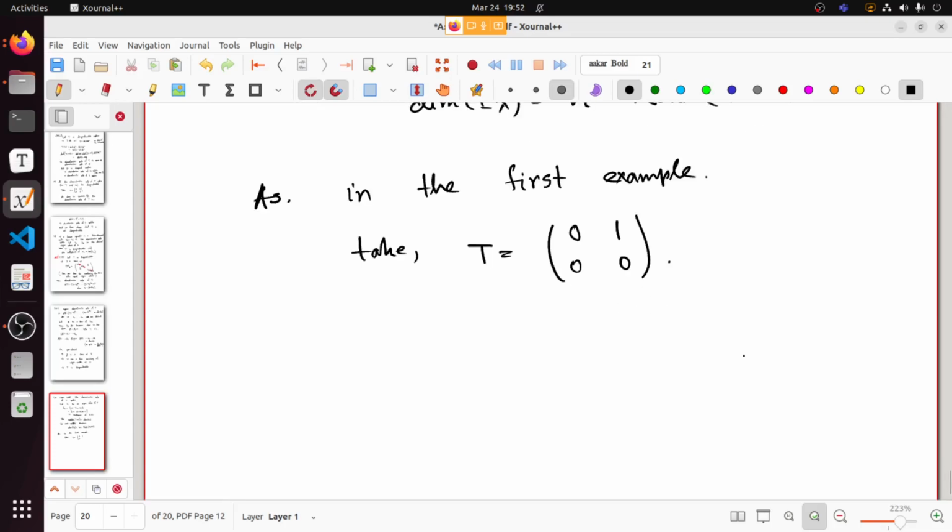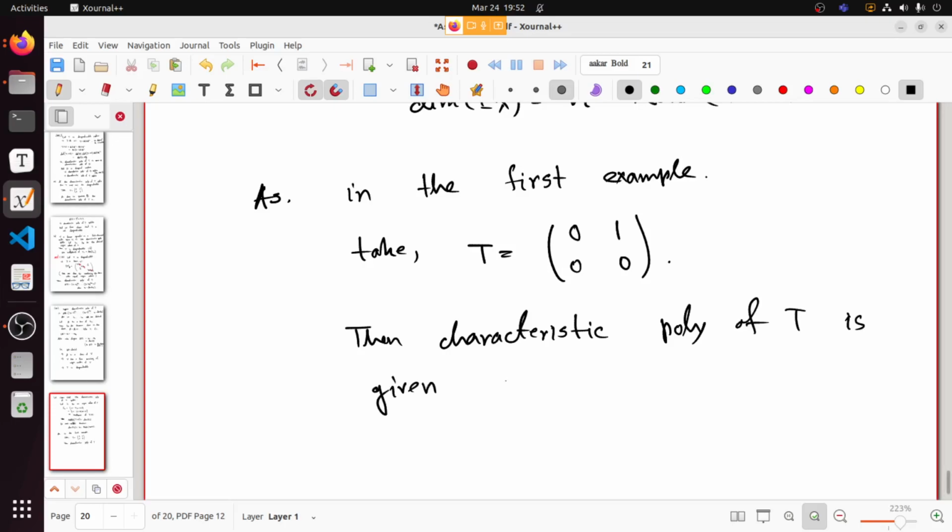Then the characteristic polynomial of T, which we computed earlier, is lambda squared, which implies the characteristic polynomial splits.